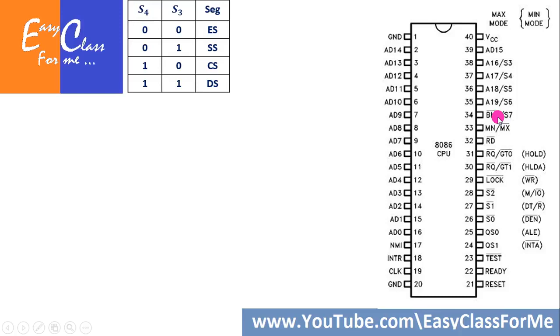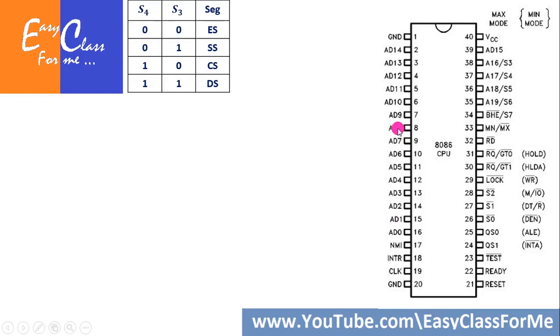That means data bus pins D8 to D15, you can see it from here, that is AD8 to AD15. These are the higher order data buses. This is AD8 and this is AD15. The pins 0 to 7 are already activated. When this is treated as a data bus, then 0 to 7 are always treated as data bus.